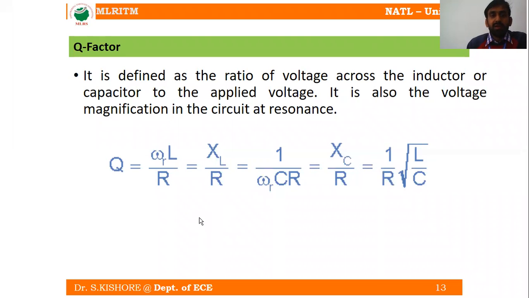So how did we come across this equation, if you want to know it, let me give a small example. Omega R is nothing but the resonant frequency in radians, which is omega R equal to 1 by root over LC.